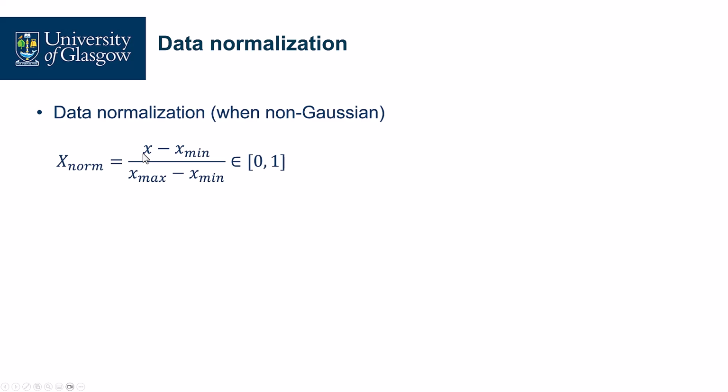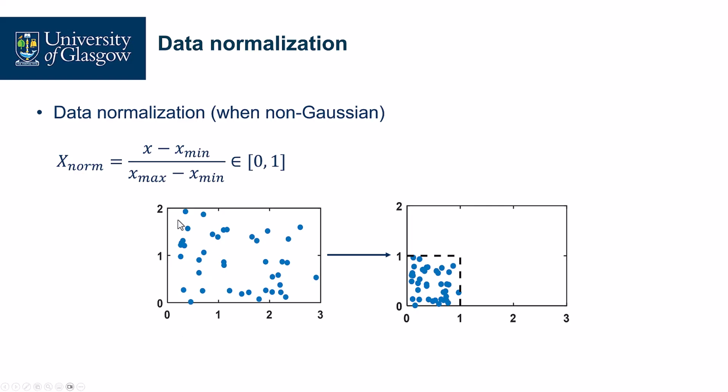When x equals the smallest one, x min, the normalized value is 0. When x is x max, this value is 1, right? So all the other data are between them, and all of the data goes between 0 and 1. Here, these are data of different ranges, but after normalization, both of them go to 0 to 1. You can see the live script for more details.